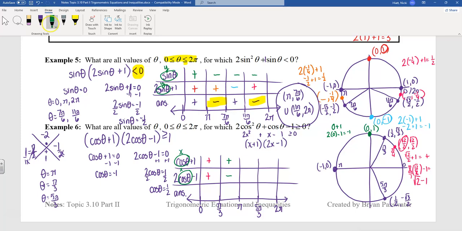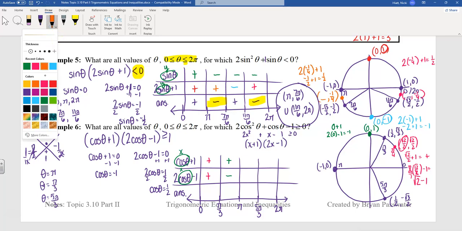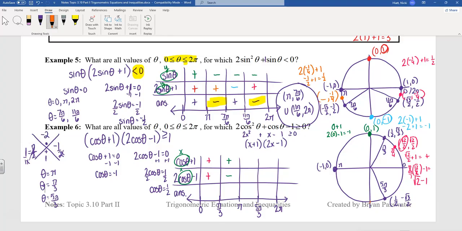Okay, next, let me pick a different color. I've got to go from pi to 5 pi over 3. That is from here over to here. Again, don't have to pick this point right here, but it's going to be the easiest point to pick because that's (0, negative 1). And I only care about the x coordinate, right?